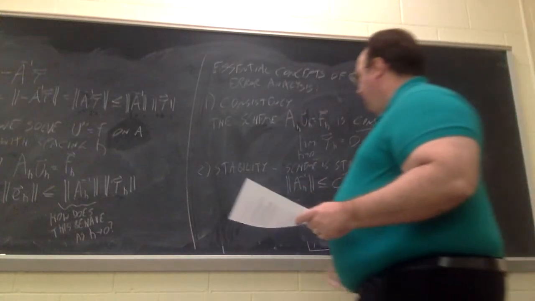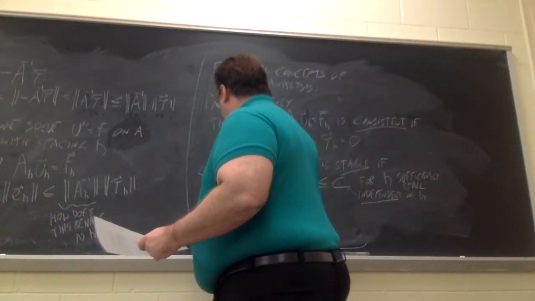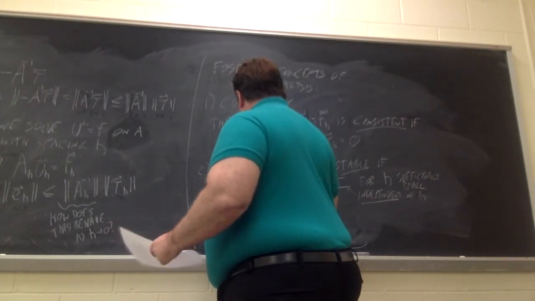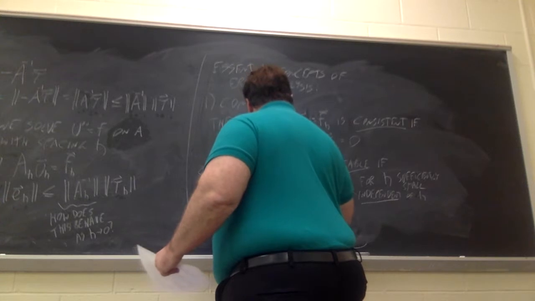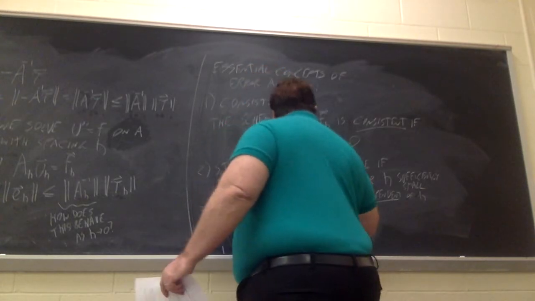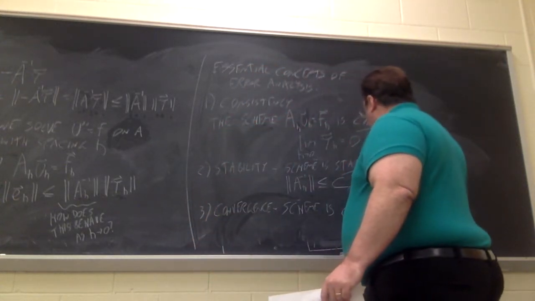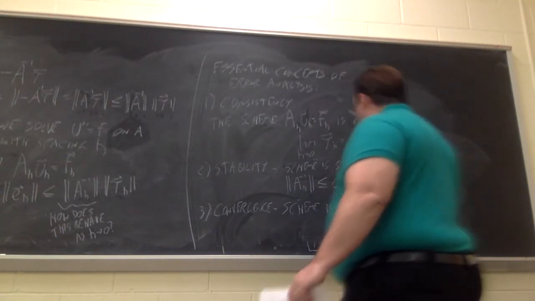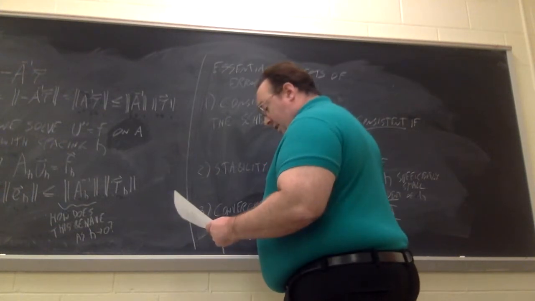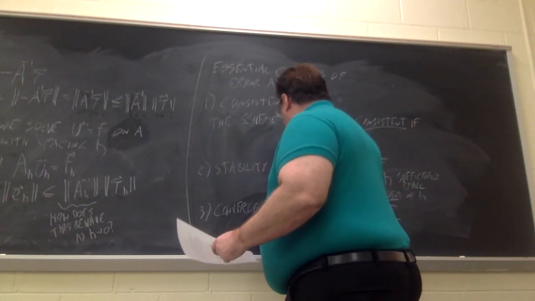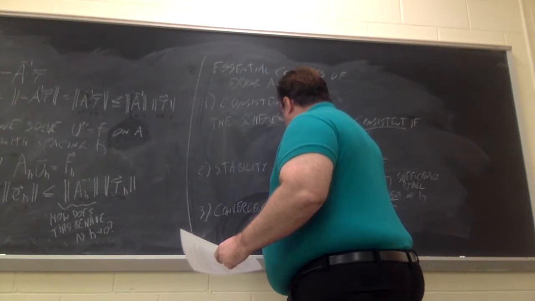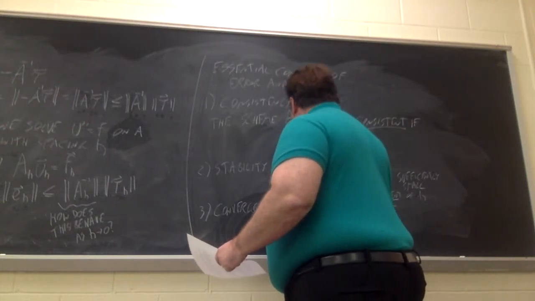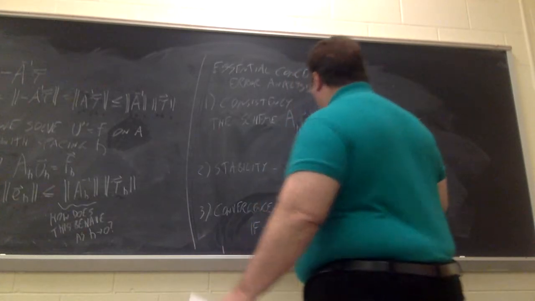And finally, convergence. We say the scheme is convergent if the global error goes to 0 as h goes to 0.